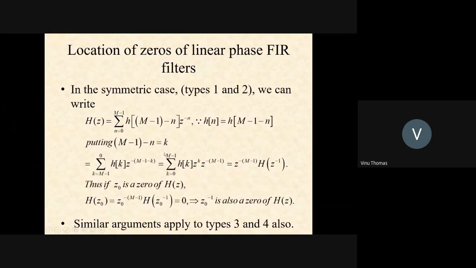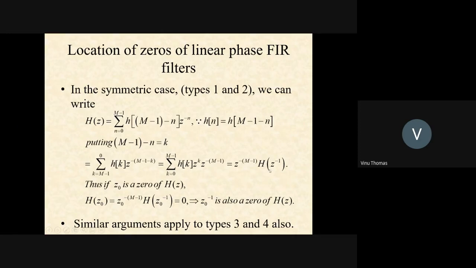Now observe this equation carefully. The sum from k = 0 to M minus 1 of h(k) z raised to k can be written as H(z raised to minus 1), because you know that the sum of h(k) z raised to minus k would have been H(z). So in place of z, you now have z raised to minus 1. Therefore, this reduces to z raised to minus (M minus 1) into H(z raised to minus 1).